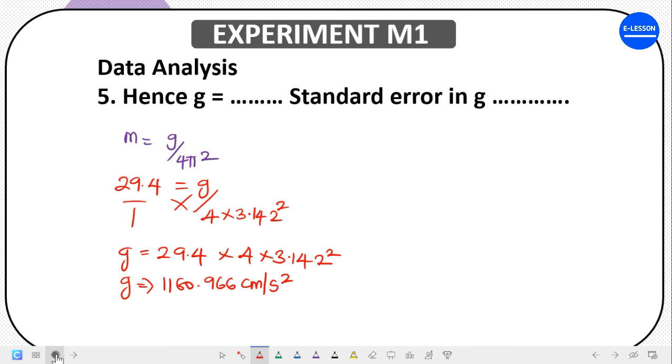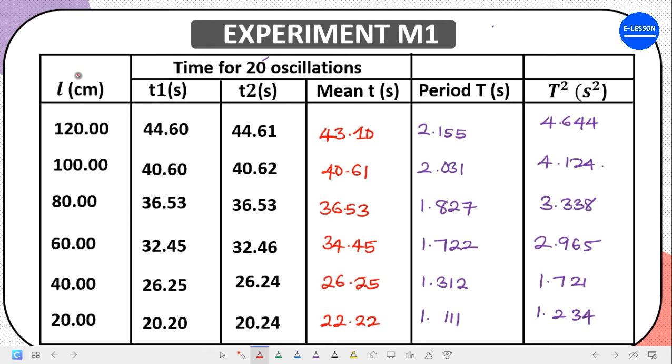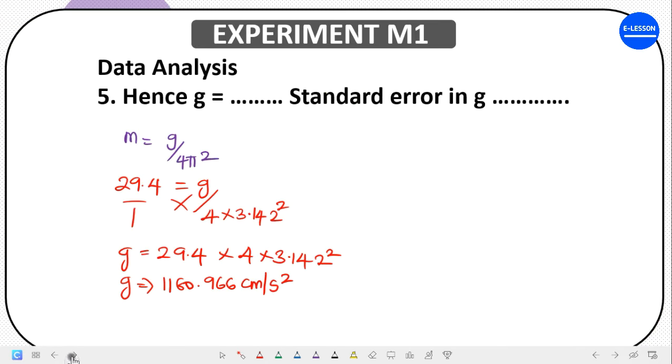Now, sorry, there's something we did: the slope of the graph is in centimeter per second squared, not in meter, as I earlier said. So it's centimeter per what? Second squared, because the table here says L is in centimeter, and we plotted the graph of L against T squared, which is centimeter per second squared. Okay, so we come back here and then continue.